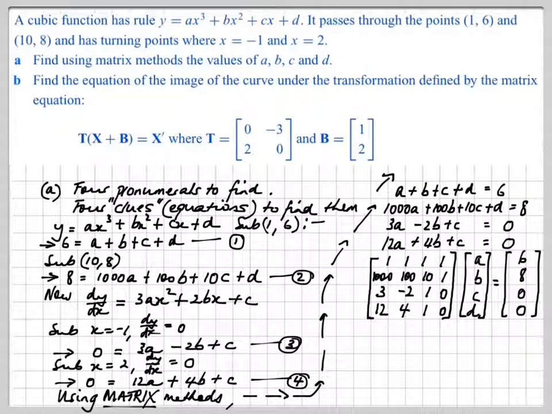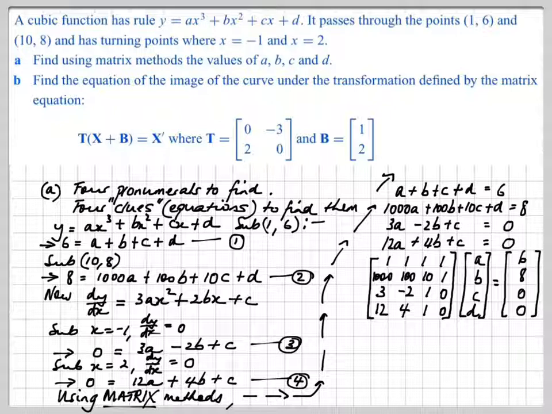So if you read that off, the coefficients of each of those terms in the 4 equations are in the first matrix, okay? 1A plus 1B plus 1C plus 1D gets you the 1s in the first row of the first matrix, and so on. And then the A, B, C, D go in the column of the second matrix, right? And the right-hand side goes in the right-hand side matrix. And if you read that off in a matrix way, you will get exactly those 4 equations above.